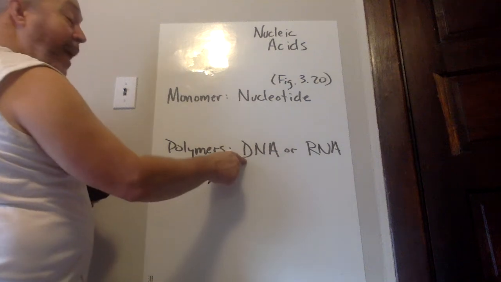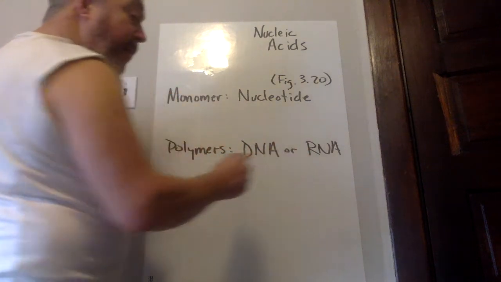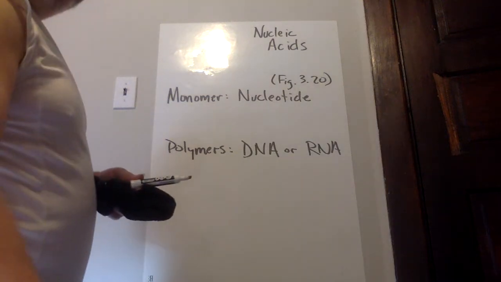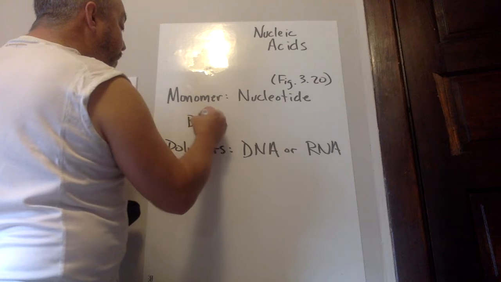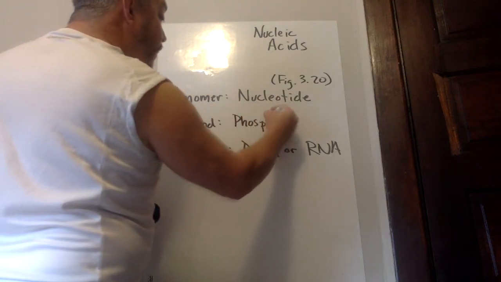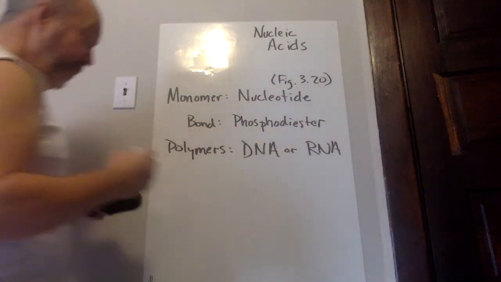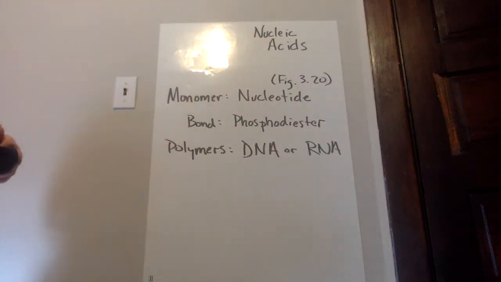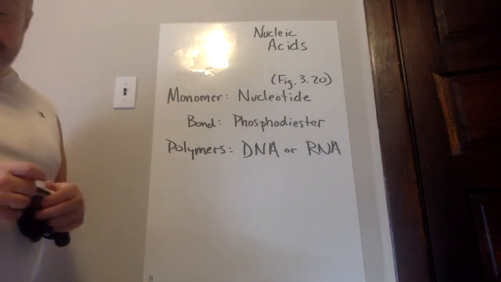DNA will have deoxyribose as its 5-carbon monosaccharide. RNA will have ribose as its 5-carbon monosaccharide. And then they are going to be held together by what's called a phosphodiester bond. So that is our 4th covalent bond that can hold these polymers together.